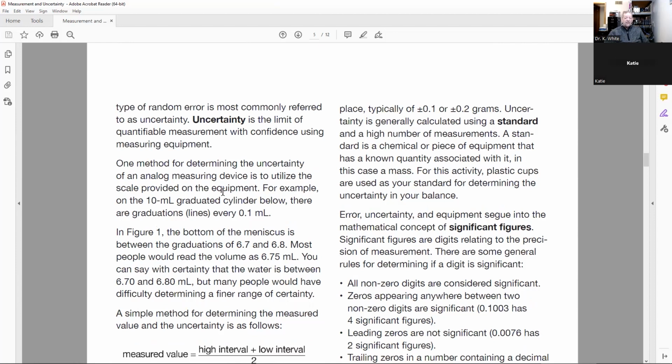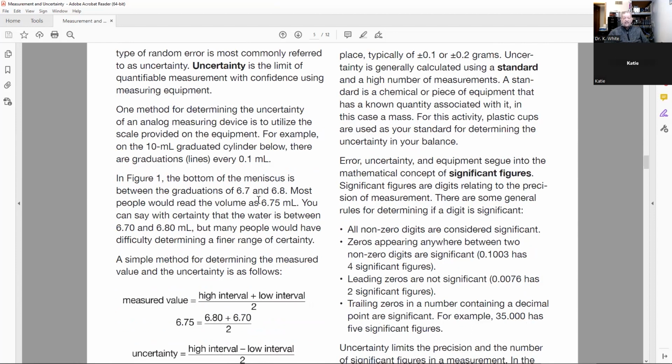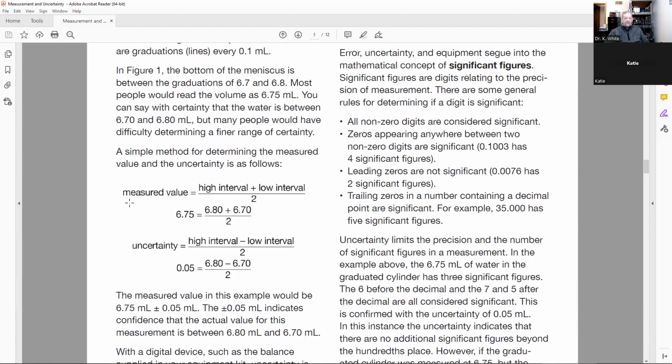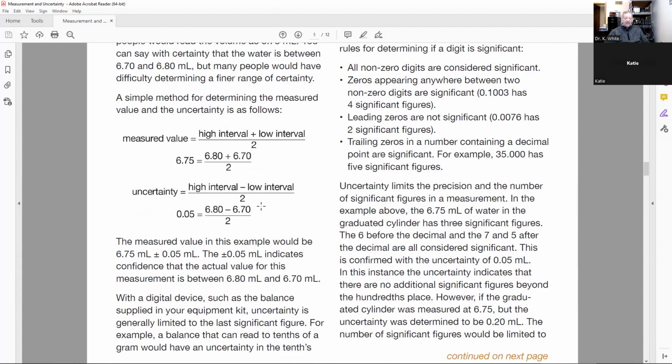Now here they talk about how to read the meniscus. They call that 0.675. I said pretend it's on the line. If it was not on the line, this was what you would do. Now here they talk about measuring uncertainty with a low and high interval.